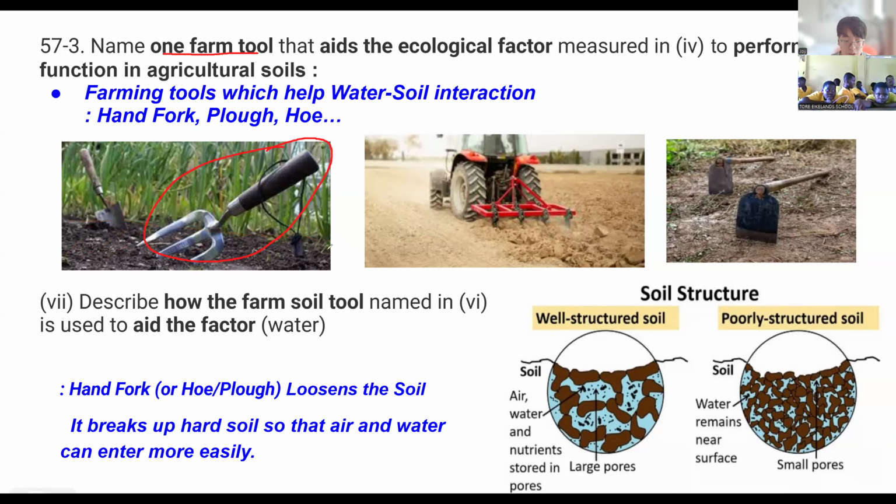So they help mix the nutrients better. They make airflow and water flow better. And you can also use farm tools like a plow, hose, or shovels to help with the water-soil interaction. So any farm tool that helps mix up the soil and makes a better soil structure will allow the soil to have a better water-to-soil interaction.